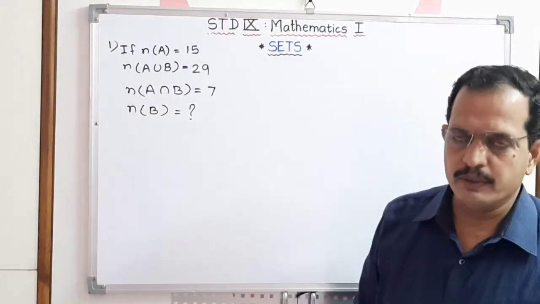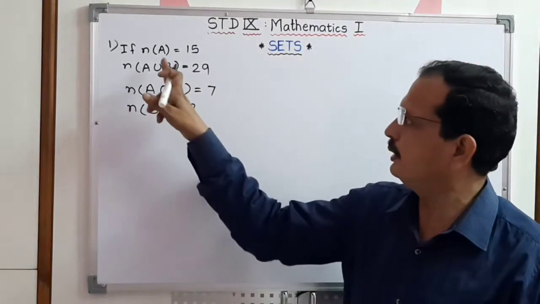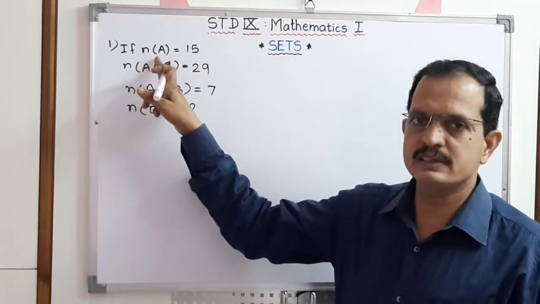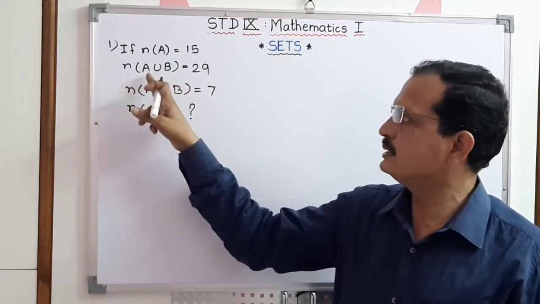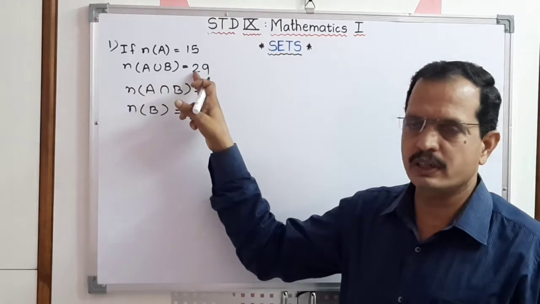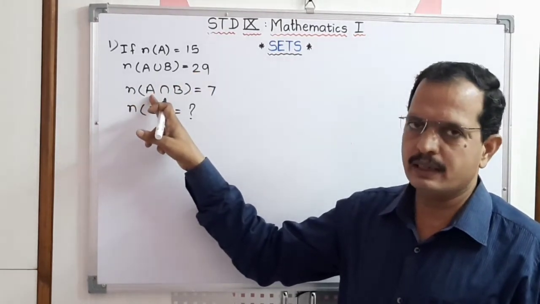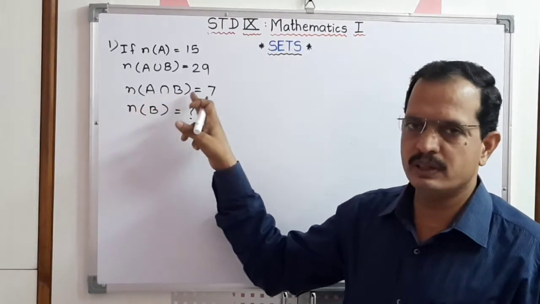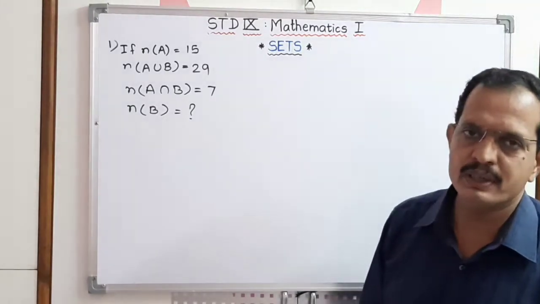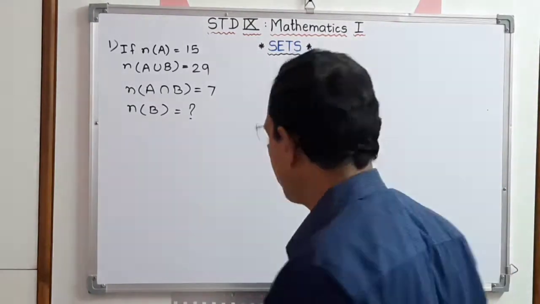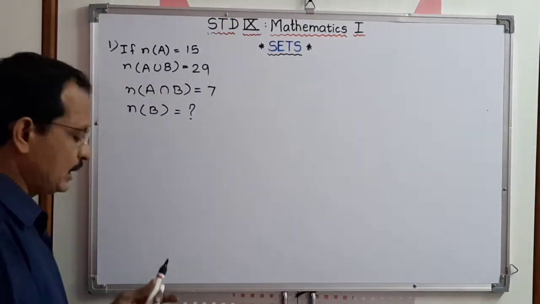I read again. If the number of elements in set A is 15, the number of elements in set A union B is 29, and the number of elements in set A intersection B is 7, then we have to find the number of elements in set B. For that purpose, dear student, we use one formula we learned in the last lecture.